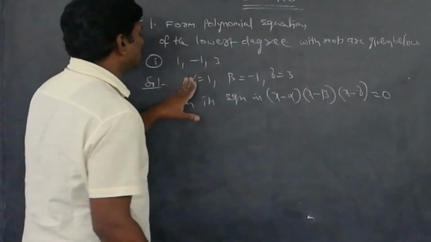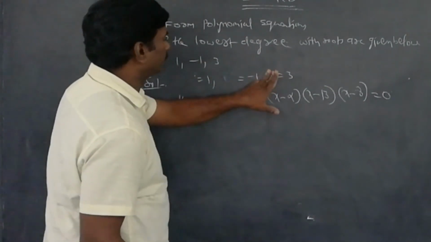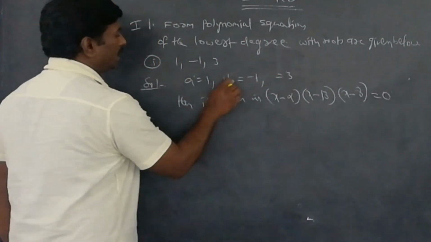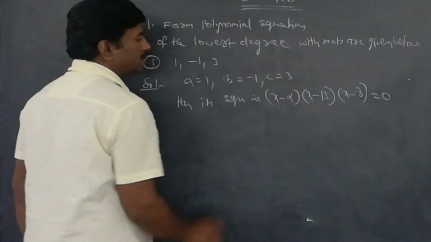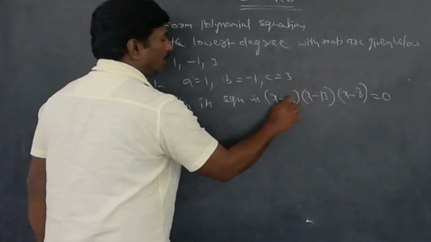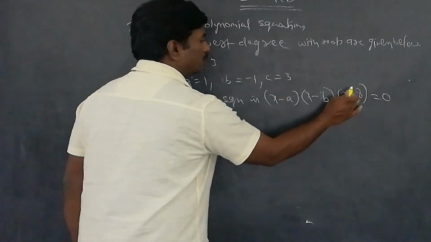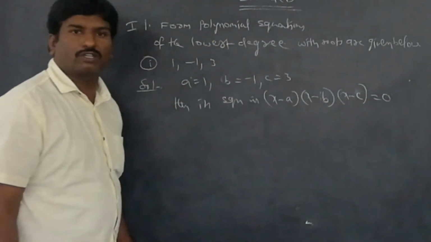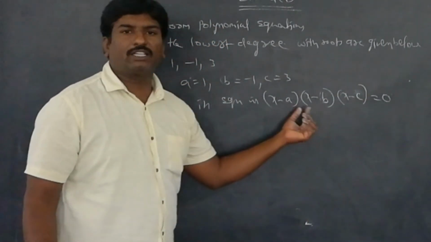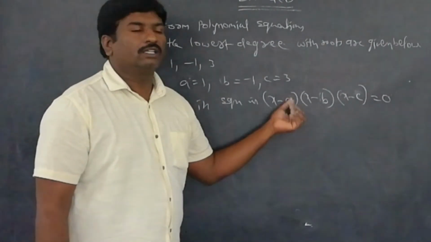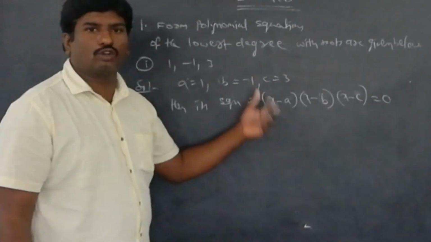Otherwise you can take these as A, B, C also, no problem. Take the first root as A, second root as B, third root as C. Then it becomes x minus A, x minus B, x minus C equal to 0. Generally we take the roots as alpha, beta, gamma, delta, but A, B, C is also fine.